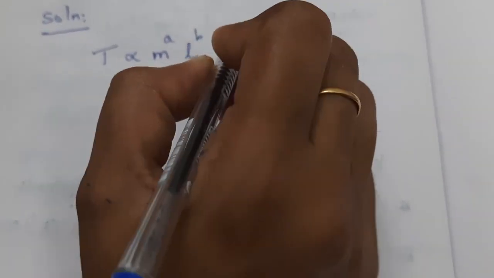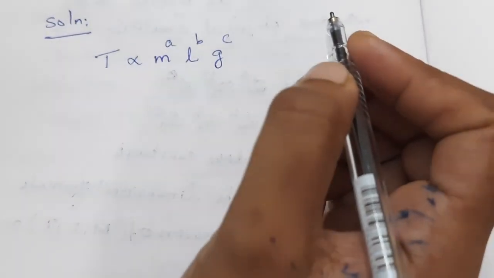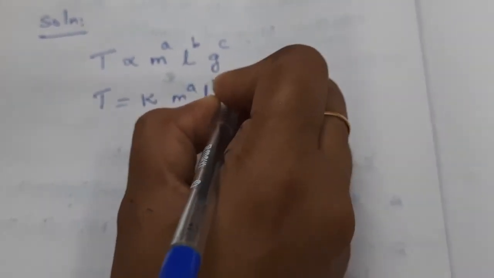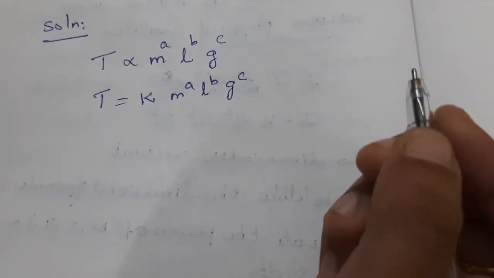Let's find the relationship. According to the question, time period depends upon mass of the bob, so m power a, T proportional to m power a, length of the pendulum, so L power b, acceleration due to gravity, so g power c. We can rewrite T is equal to constant into m power a, L power b, g power c.